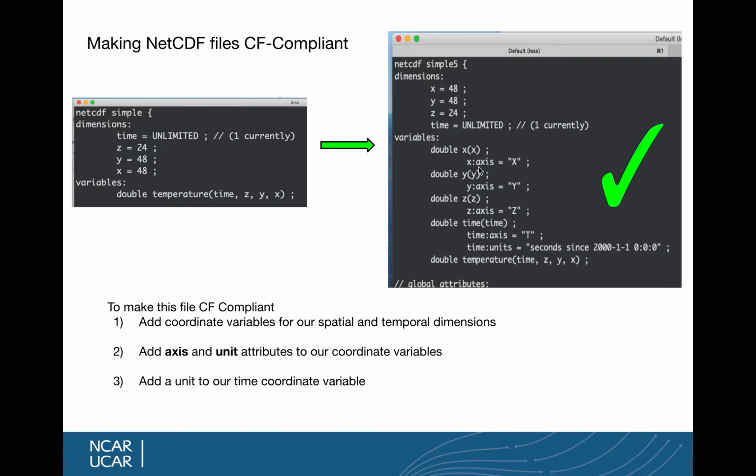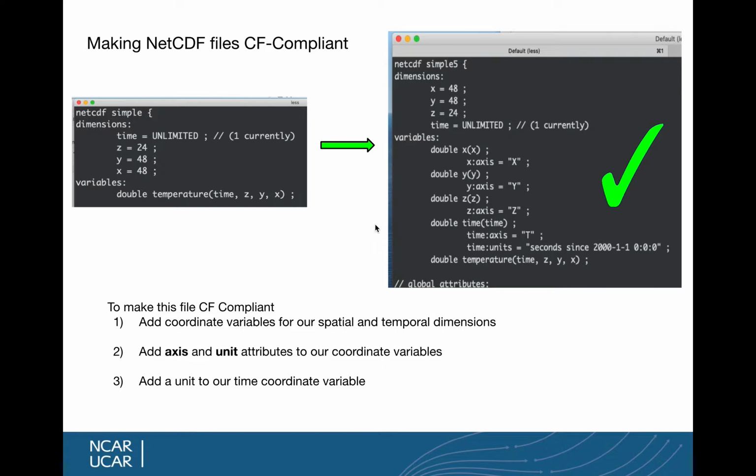So to fix that, we need to have an axis attribute that is a capital X, and likewise for y, z, and time. And we'll also be adding a units attribute to time, which is going to be seconds since January 1st, 2000. One thing that we don't see in this NC dump is that we'll also be adding units attributes to our other coordinate variables x, y, and z. So that's the basics of what we're going to do.